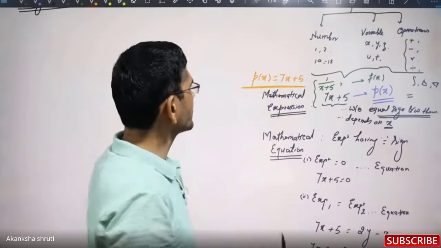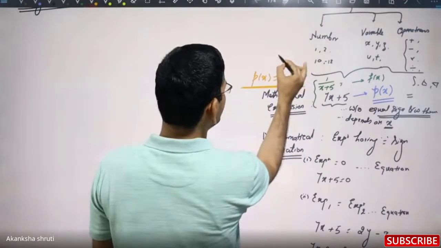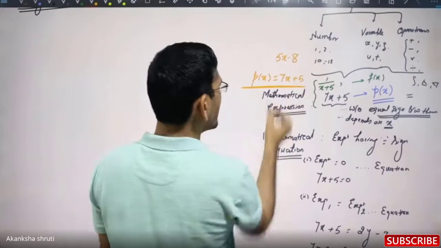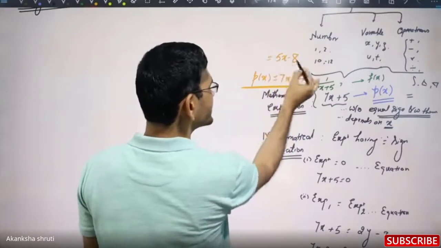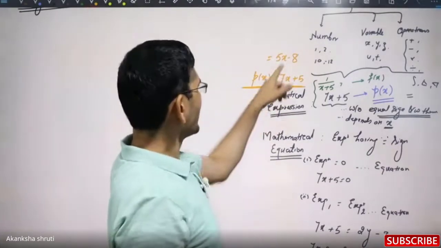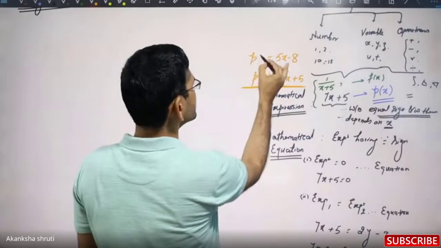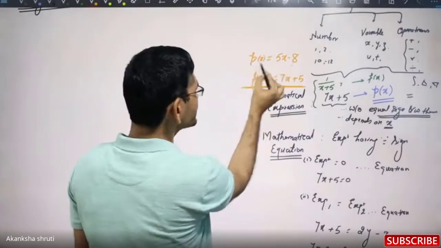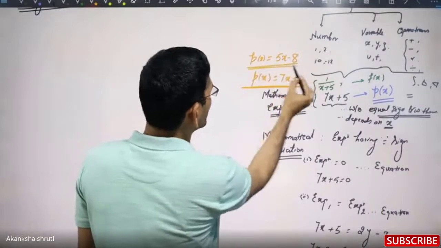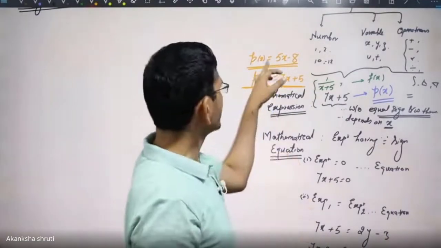But this p(x) is not an equation. It is one of the expressions, because this x dependency can also be written as, say, 5x minus 8. This is another expression which is depending on x, and this can also be denoted by the same p(x). So this p(x) is just a short name given to this expression, and for writing that we are using this equal sign.